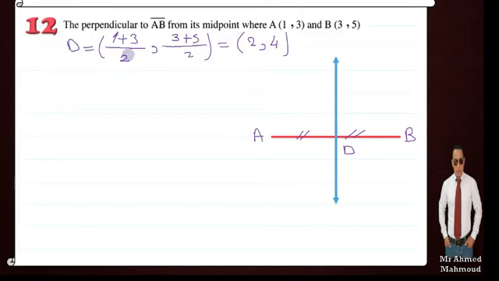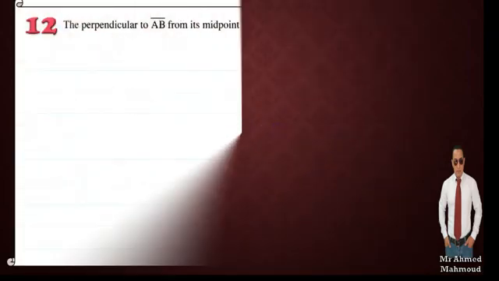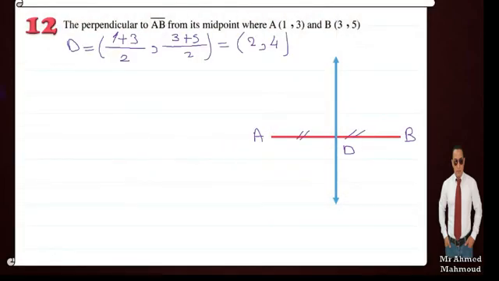Okay, the line is perpendicular to AB. So I will find m1, which is the slope of AB. It equals 5 minus 3 over 3 minus 1, which is equal to 1.